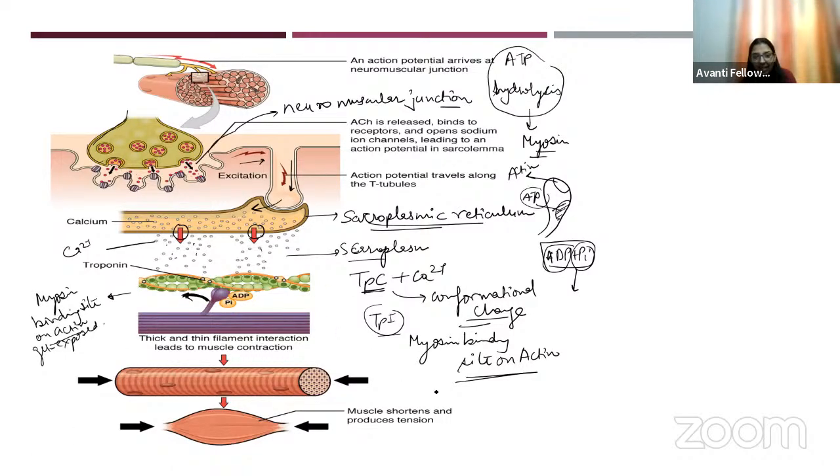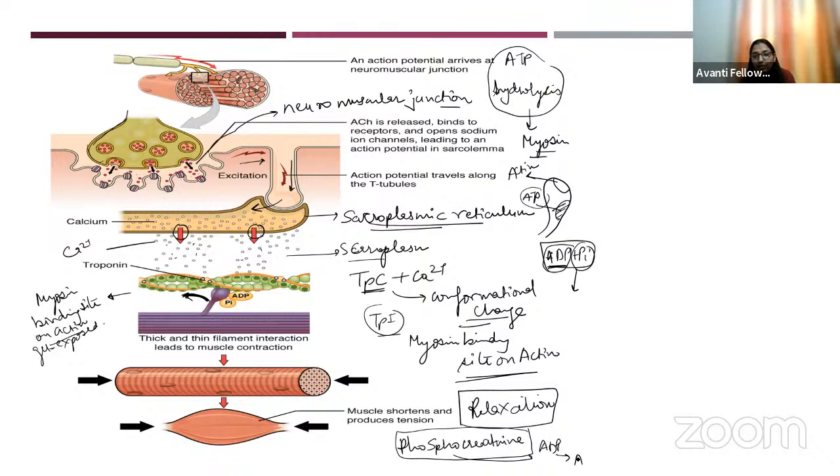And during the relaxation state, now the contraction has been done. This is how the contraction takes place, because these myosin heads, which bind to the actin filament, now pull the actin filament inward and the contraction takes place. Now during the relaxation, what happens? The ADP which is released in the muscle, there is a protein present known as phosphocreatine. This protein will donate its phosphate to the ADP, and ADP will be converted to ATP.